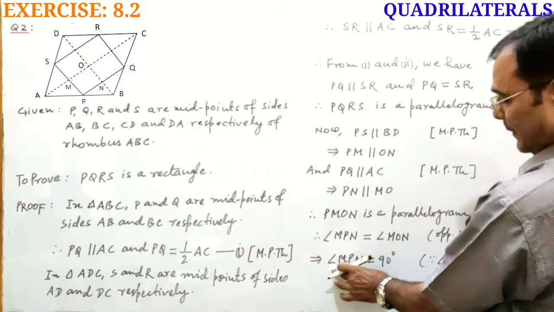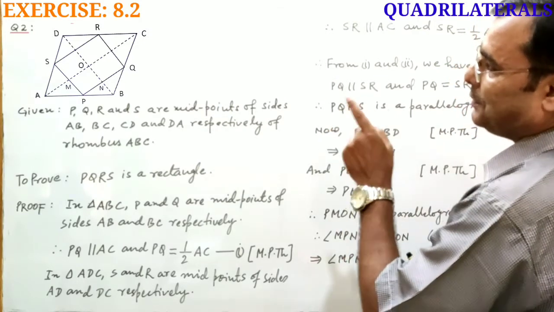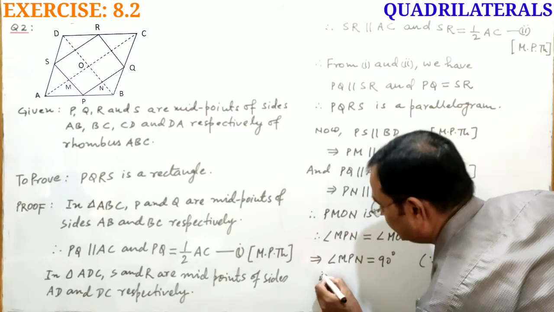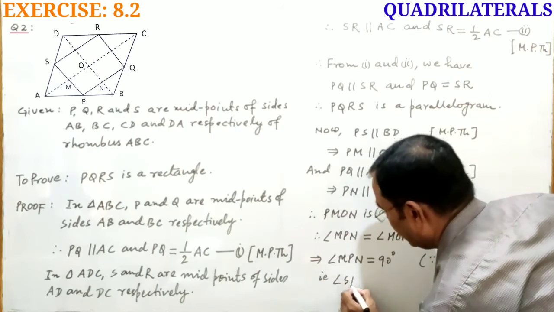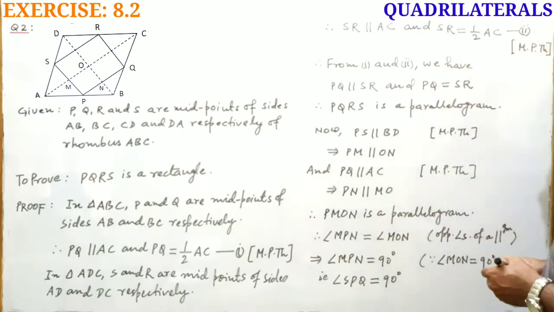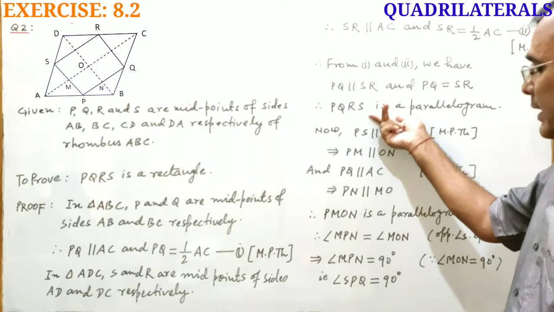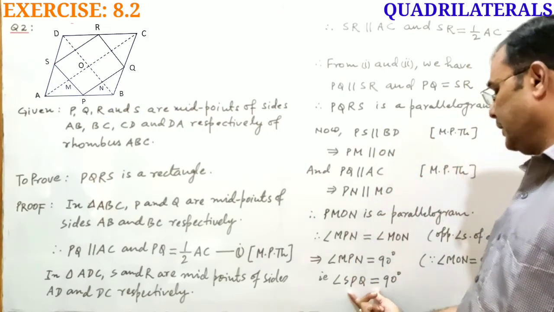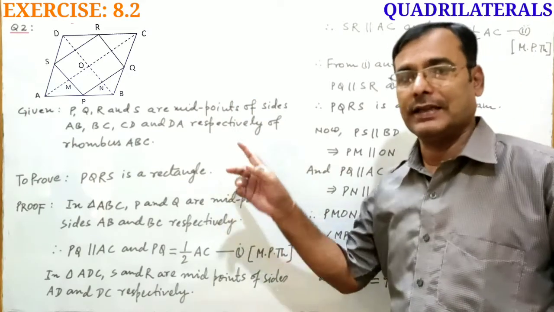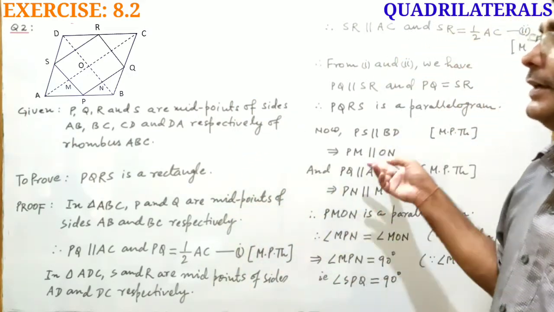So this angle MPN, we can write angle SPQ. So that is angle SPQ is equal to 90 degree. Here we have proved that PQRS is a parallelogram, and here we have proved that one angle of parallelogram PQRS is 90 degree, and this proves that PQRS is a rectangle.